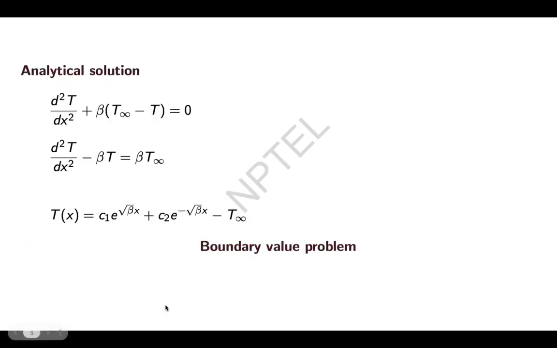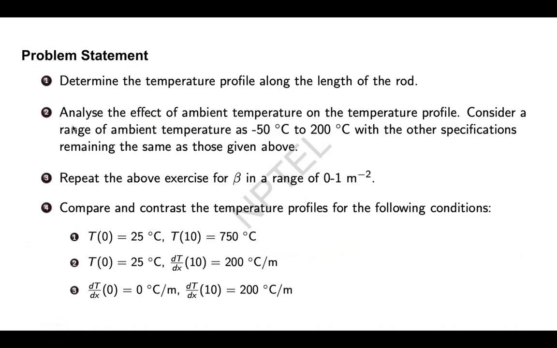So first, let us see how the analytical solution will look like. You can directly integrate and try to find the analytical solution. When you directly integrate it, you will be getting an equation like this. Since it's a double derivative, we will have two integration constants, and for finding the two integration constants, you will have to apply the two boundary conditions one by one.